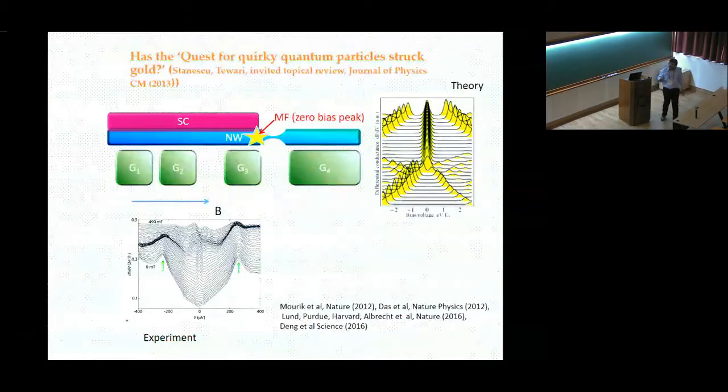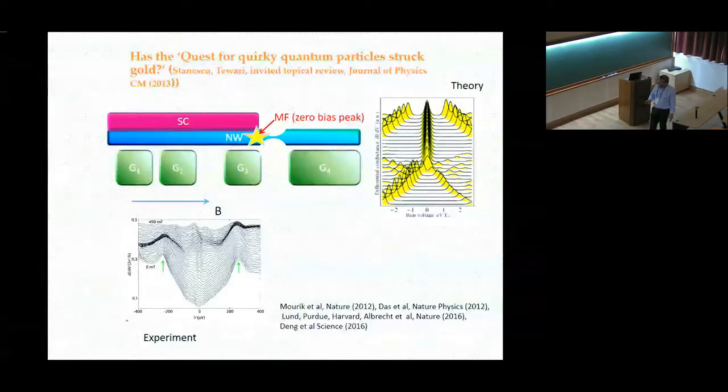Here's the proposed setup or schematic. You have a nanowire, and you put it in contact with a superconductor, and you have multiple gates. The gates do two things. The gates produce a strong barrier potential so that you can actually resolve if there's a zero bias peak, by producing a gap or any other bias.